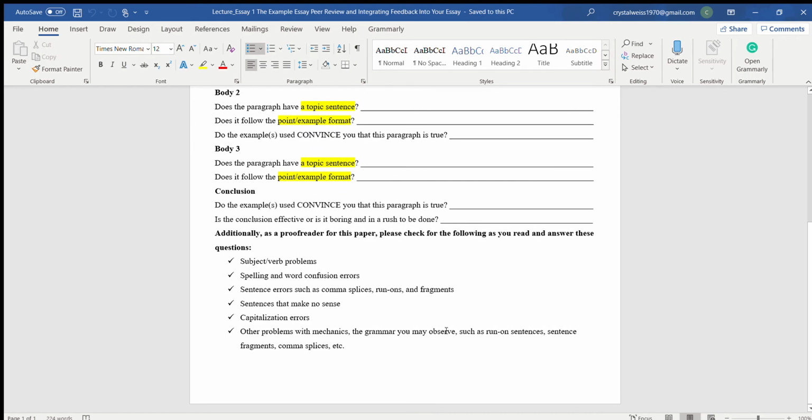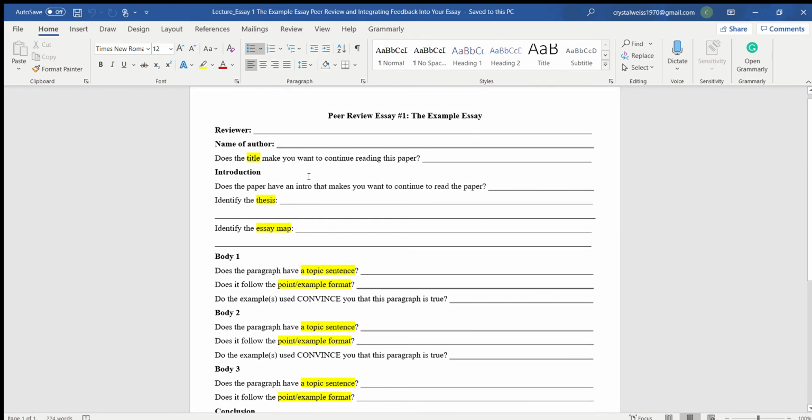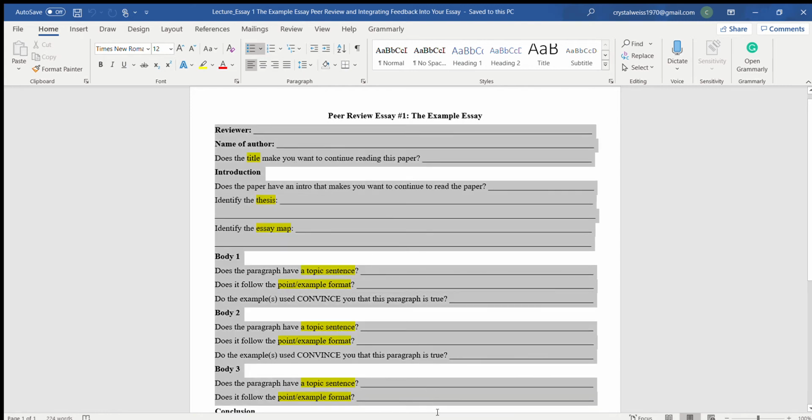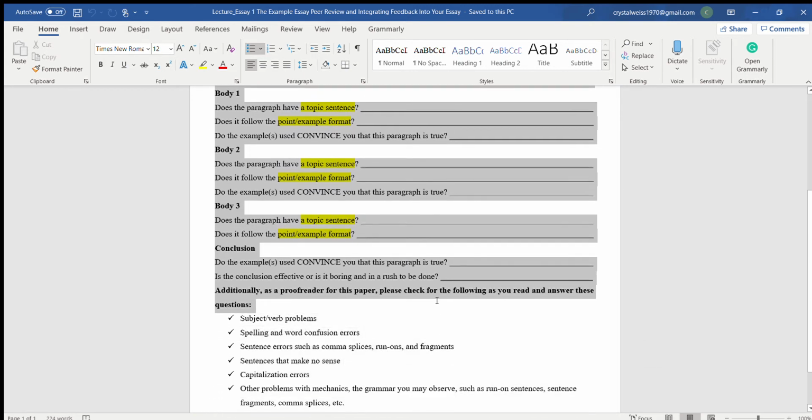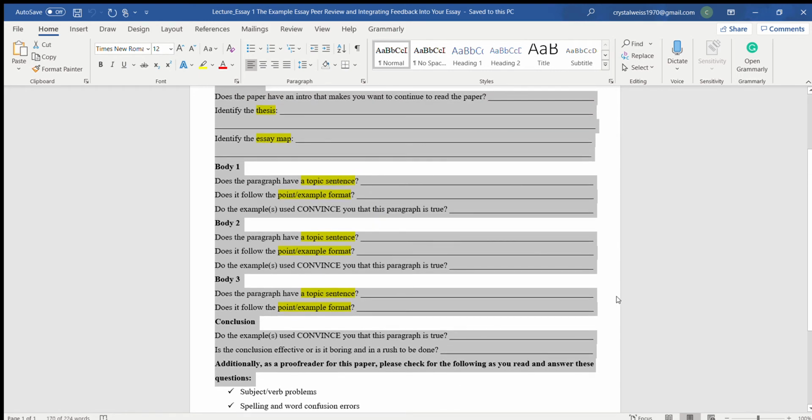Now, when you go to put in your peer review information, of course, you can write your other stuff in. So you're going to hit the copy button. Then you're going to go to the comments section of the peer review.